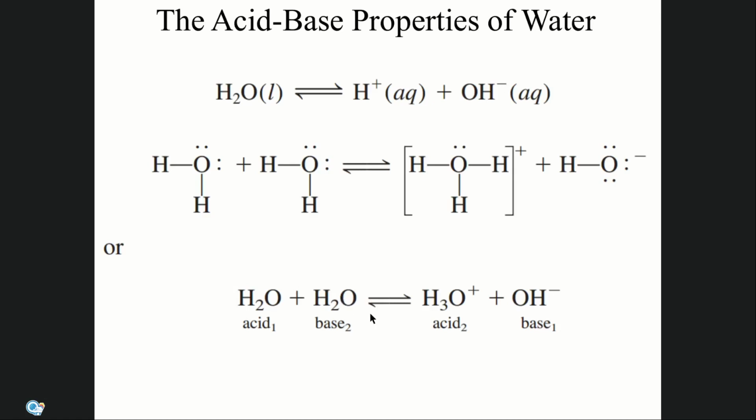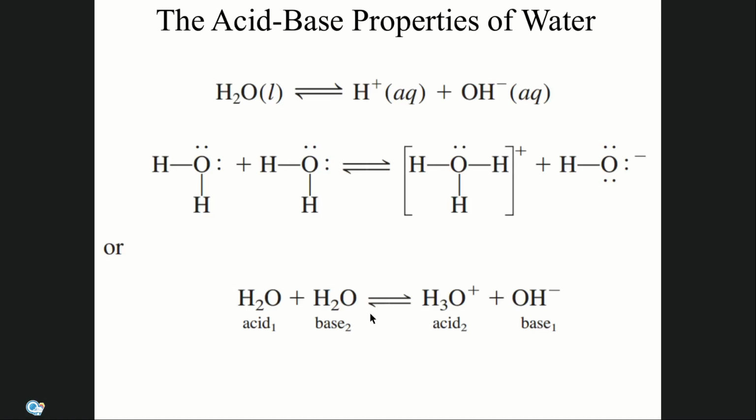In the study of acid-base reactions, the hydrogen ion concentration is key. Its value indicates the acidity or basicity of the solution. Because only a very small fraction of water molecules are ionized, the concentration of water remains virtually unchanged.